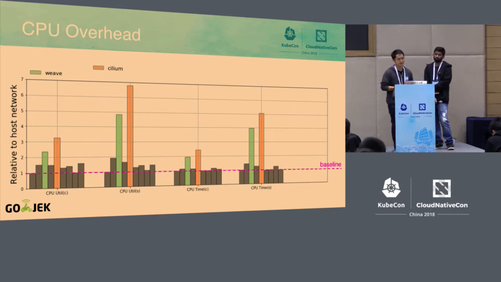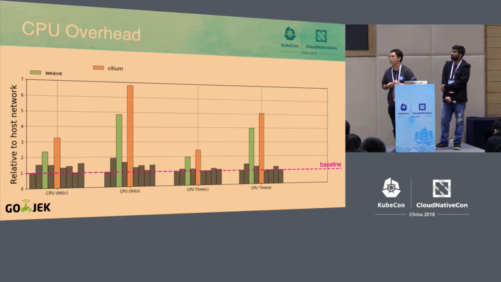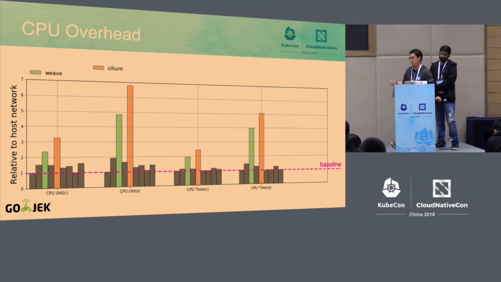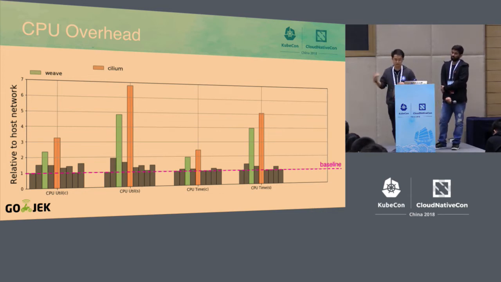Most probably that adds additional computation. And for Cilium, they leverage the BPF module in the kernel. Every time they need to generate the bytecode, right, and then inject it into the packet flow. So we thought that adds more CPU. If you have a better analysis, please come to me.